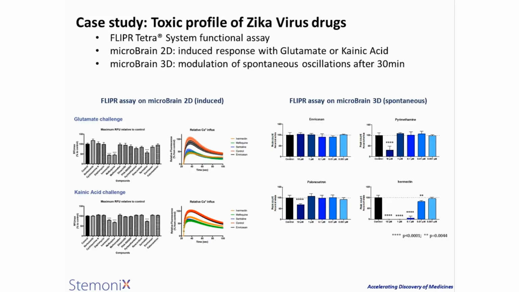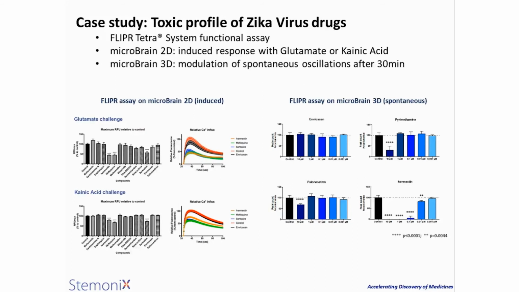So basically, with microBrain 2D with the induced response, we didn't capture changes that could be observed in the microBrain 3D with the spontaneous oscillation. There were a couple of compounds, especially the ones highlighted here, pyrimethamine and palonosetron. You can see that at the highest concentrations, there is a considerable change compared to the controls, while in the microBrain 2D induced response, you didn't observe that.